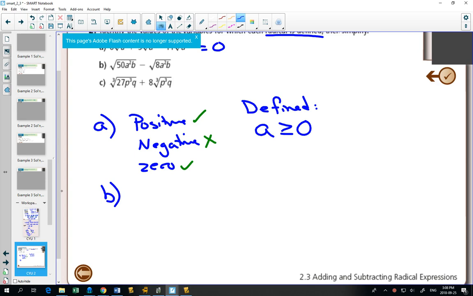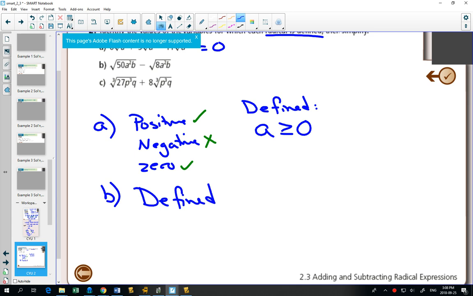Part B. Where is it defined? Now, part B gets a little bit interesting because there's a values and there are b values. So we need to figure out when it's defined for our a values and our b values combined. So we have to analyze this a little bit.